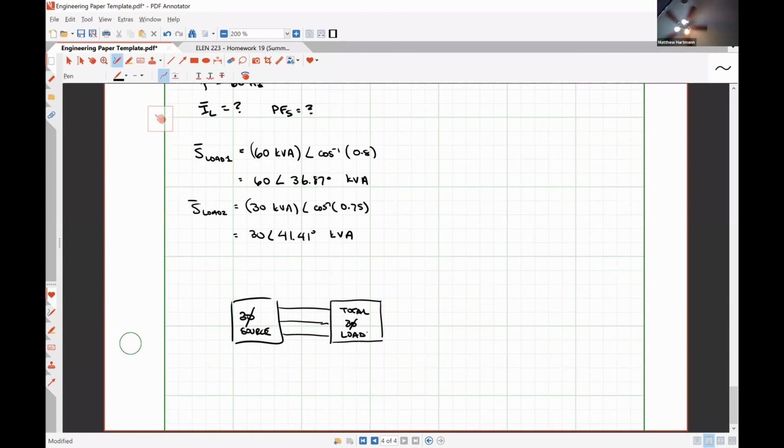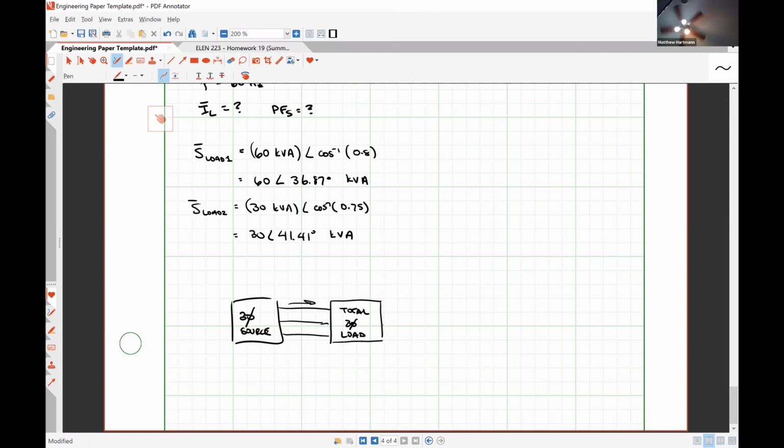Well, there's no other way they could possibly be connected. So we're trying to find the current that's flowing from the source to the load in the transmission line, all right? We don't care about how much branches off and flows into each of the individual loads.